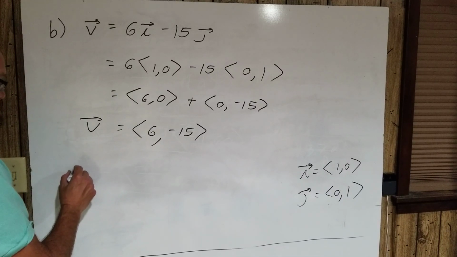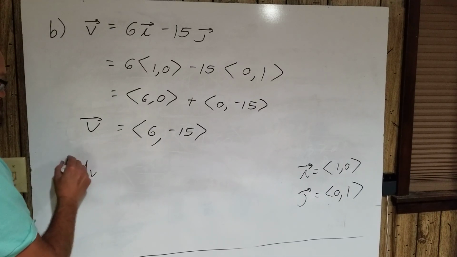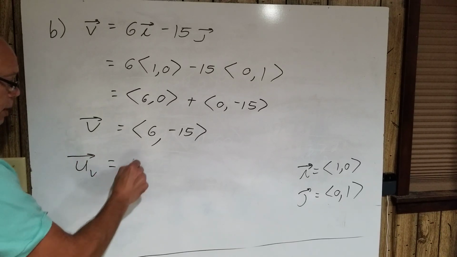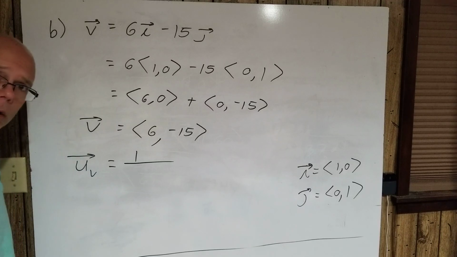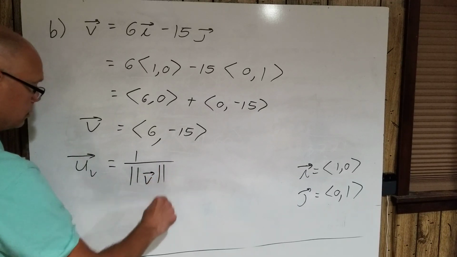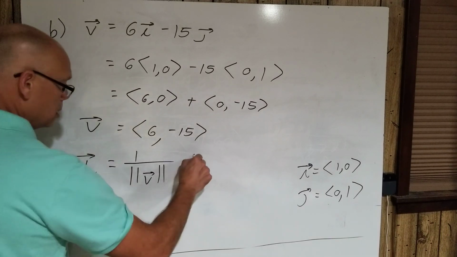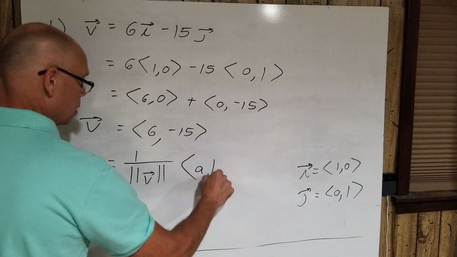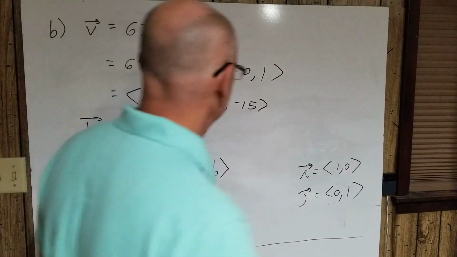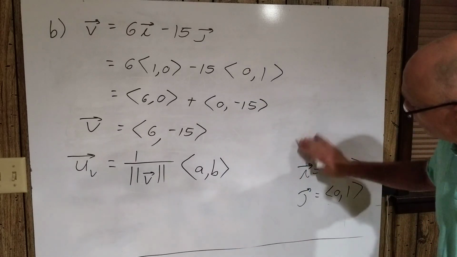So for the unit vector in the same direction as vector v, what I'm looking to do is use the formula 1 over the magnitude of vector v times the component form of vector v, right?